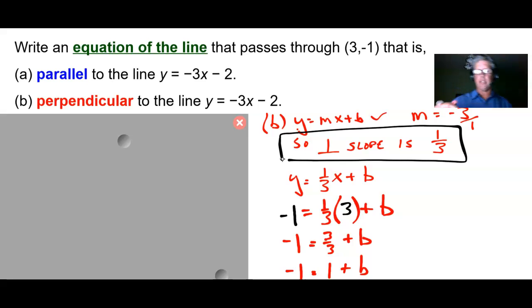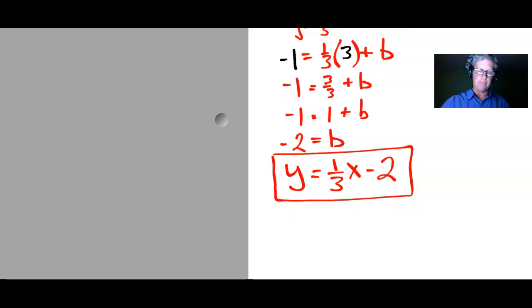Now I take that slope, flip it, switch the sign, and then that's the one I'm going to use on my new equation. Everything's the same. Plug in the x and the y, solve for b, I got b equals -2, and I am done with that problem.